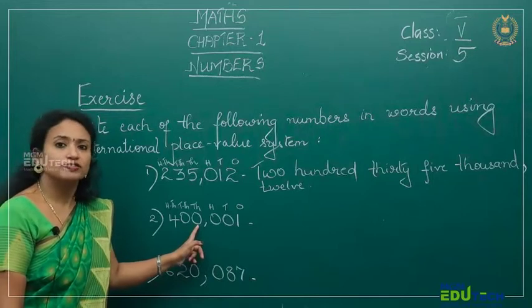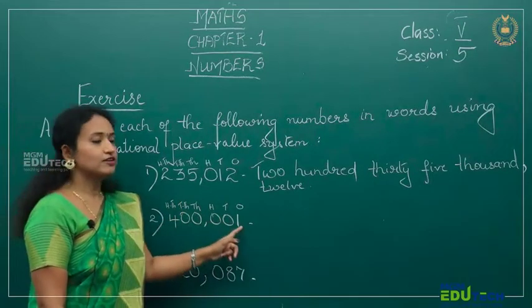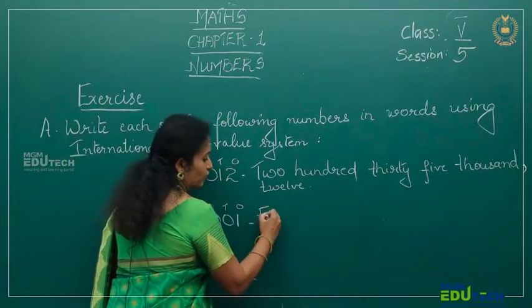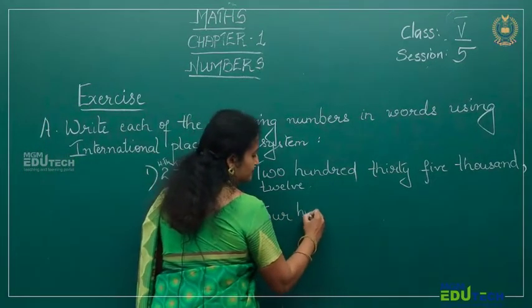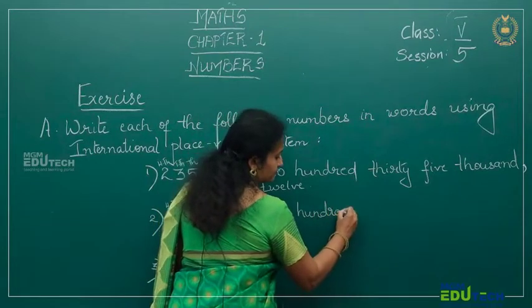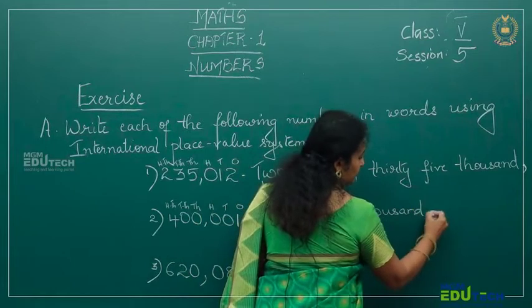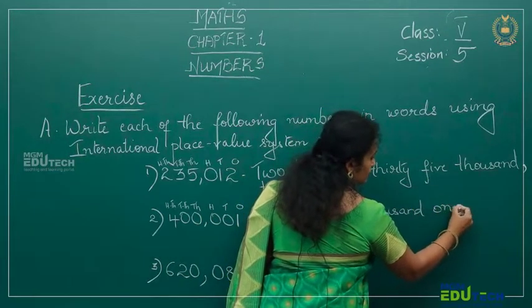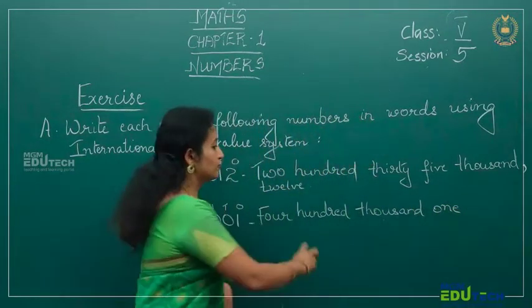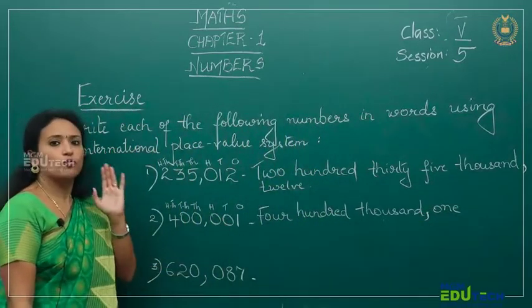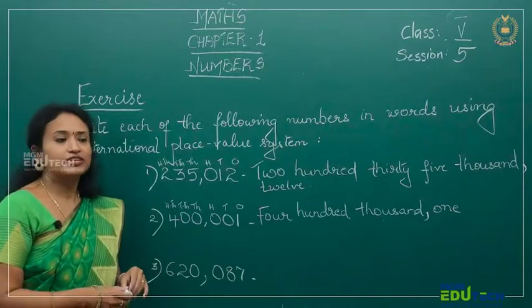Correct, it is 400,001. Very good. So the answer is 400,001. 400,000 is the thousands period. See how easy it is?